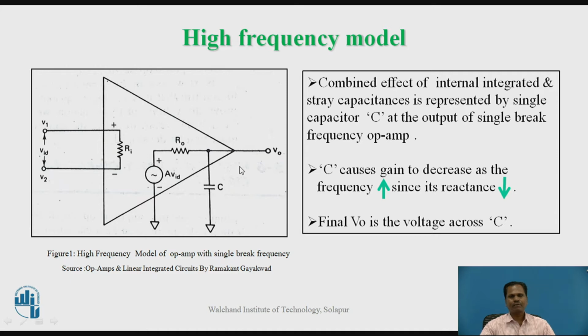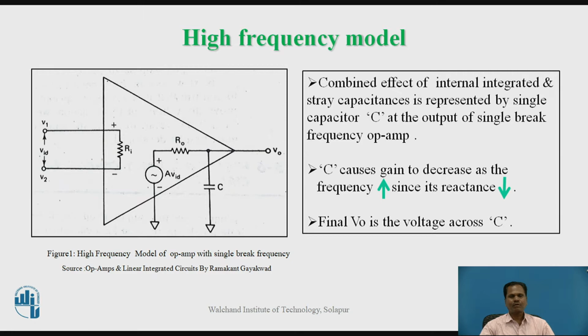As input signal frequency increases, its gain magnitude decreases and phase angle increases. This is due to the combined effect of internal integrated capacitors and stray capacitors. So for a single break frequency operational amplifier, the rate of change of gain is controlled and the phase angle is varied due to this capacitive effect.